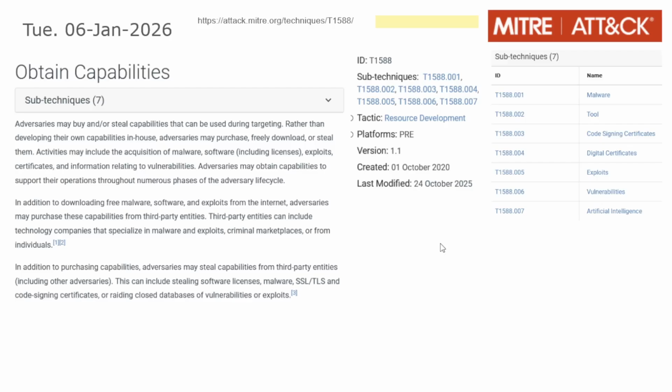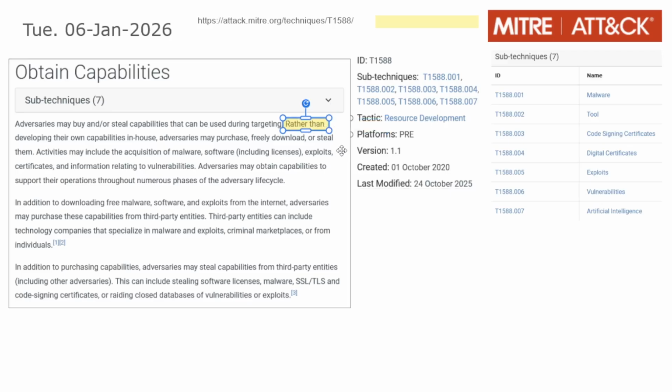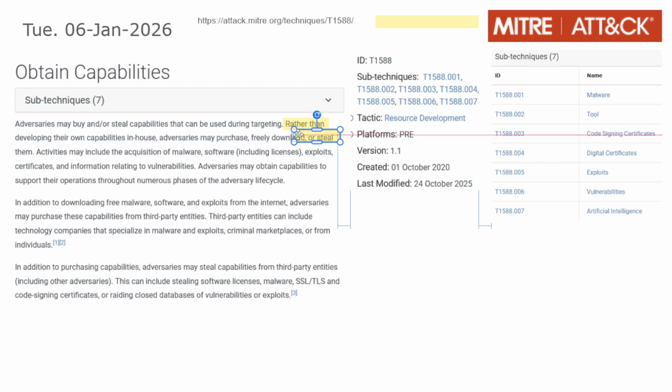So, rather than developing their own capabilities, whatever they develop themselves is beyond our understanding. We have no clue what Anonymous is developing right now. We just don't know. There might be zero-day exploits that they develop themselves, and so on.